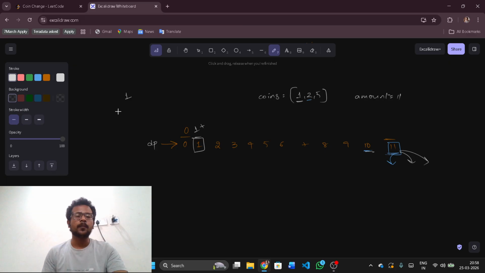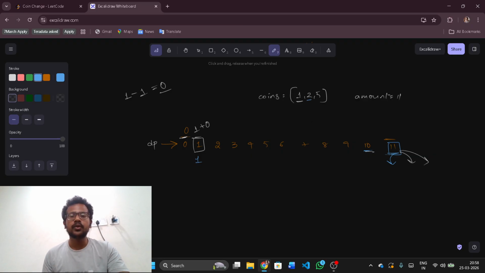Now what is remaining? Zero. Now I'll check the minimum number of coins needed to make amount 0. It is 0 itself. So 1 plus 0 is 1. So for this, I am assuming 1 is the answer.